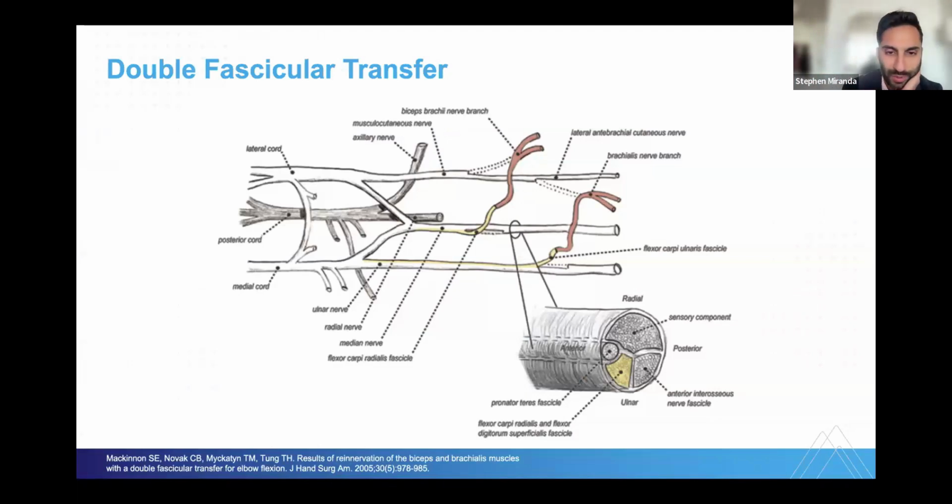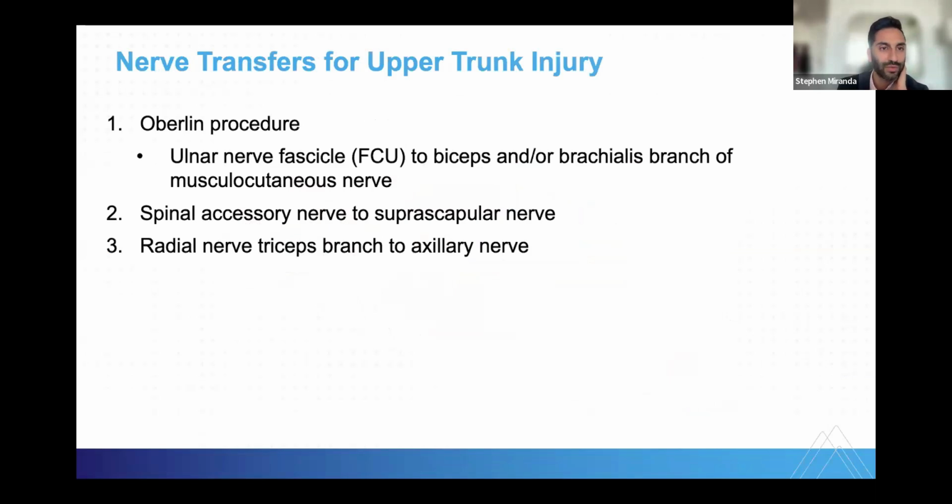So briefly, there's been a lot of literature on how we can maximize these sorts of techniques. Susan McKinnon has published on using two donor fascicles to maximize elbow flexion in a double fascicular transfer.